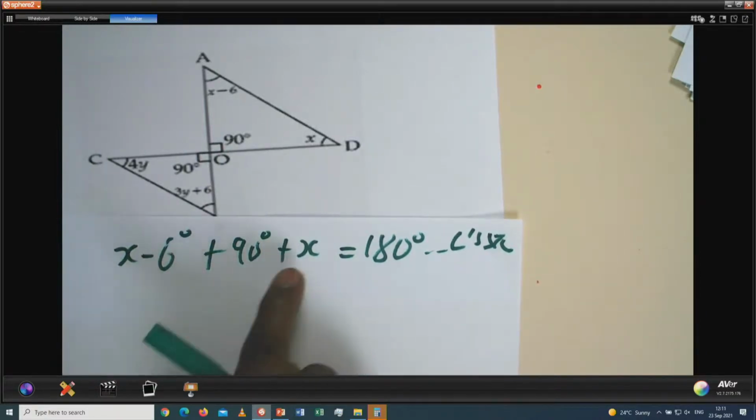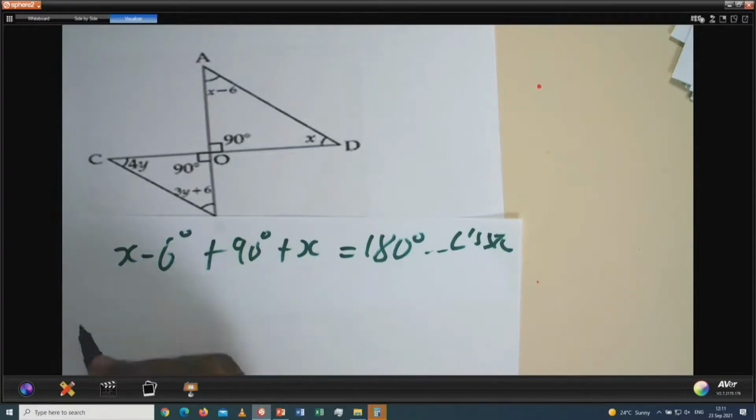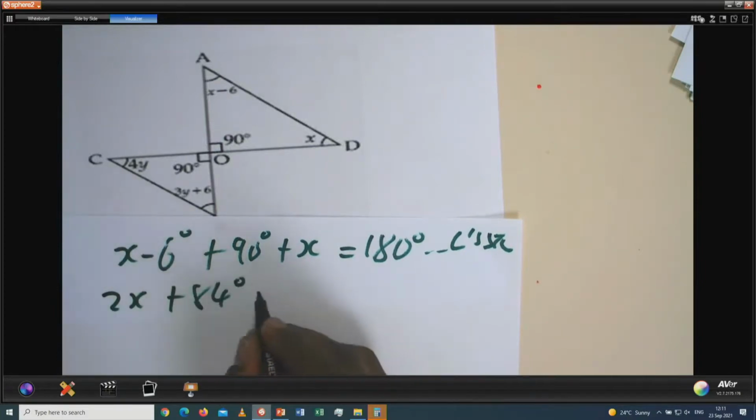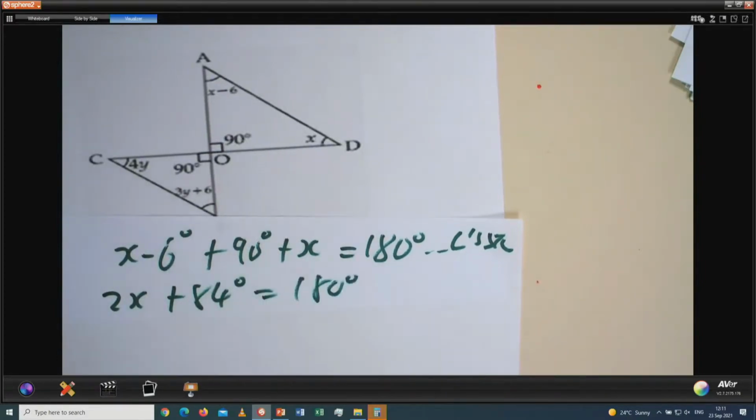Now you apply your mathematical knowledge. x and x will give you 2x. And 90 minus 6 will give you 84 degrees, equals 180.